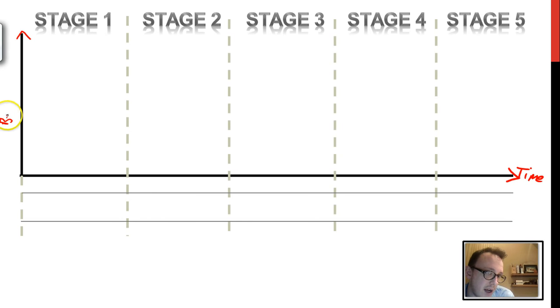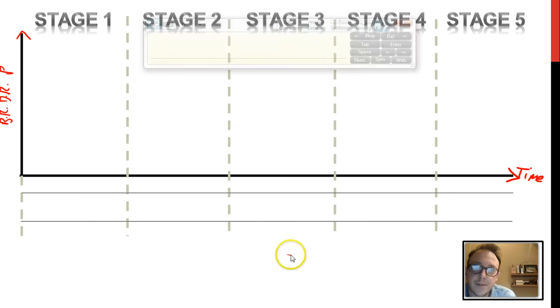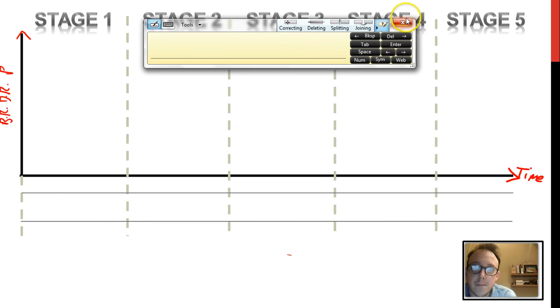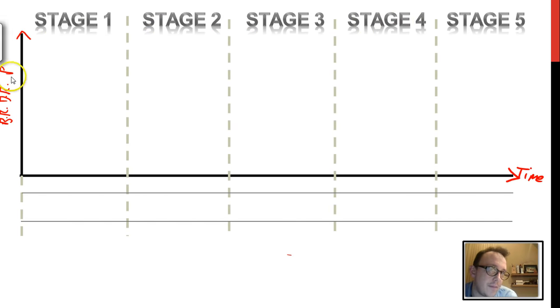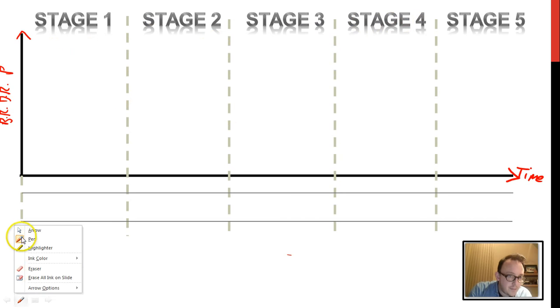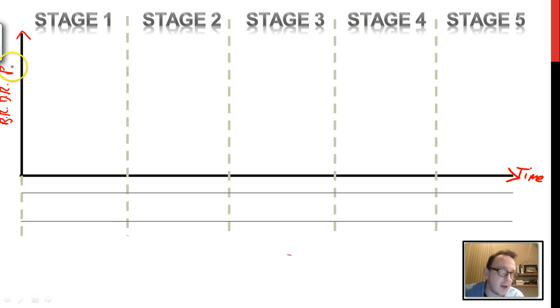So birth rate, death rate, and population. Now, it's split up into 5 stages to show how a country or how different countries move throughout this.